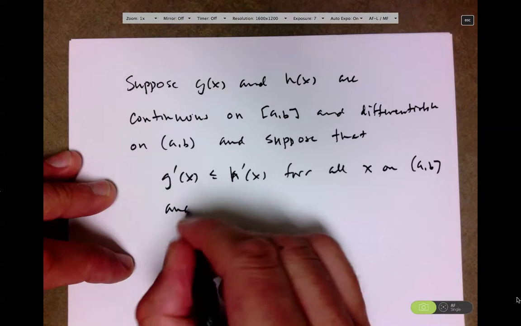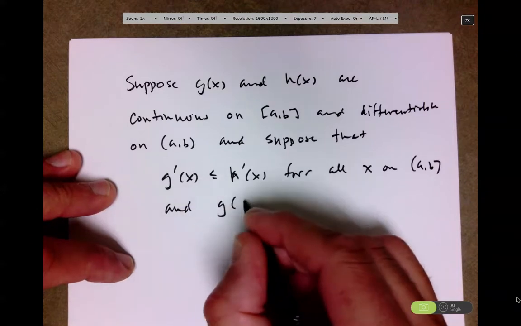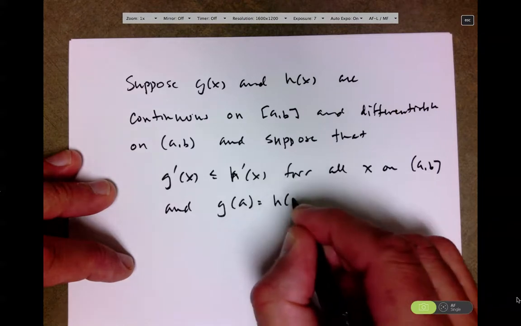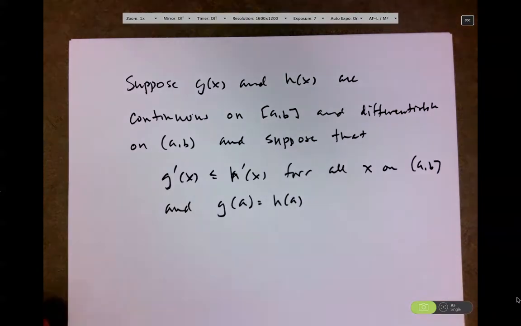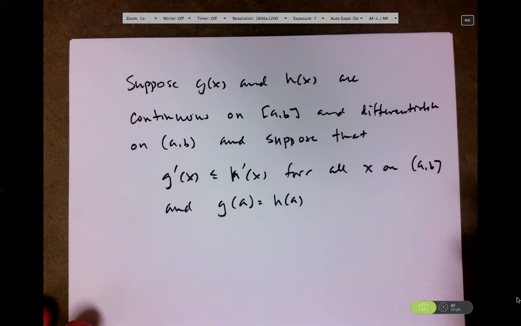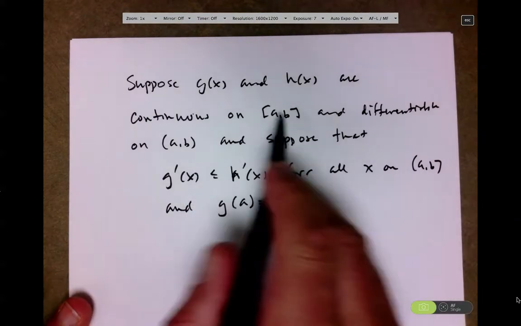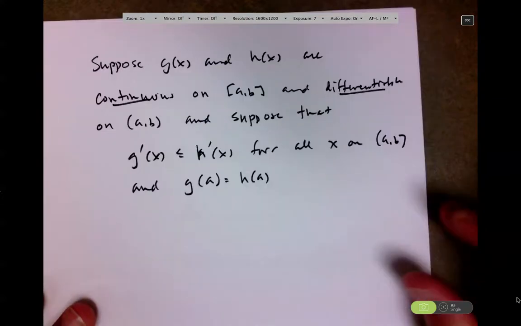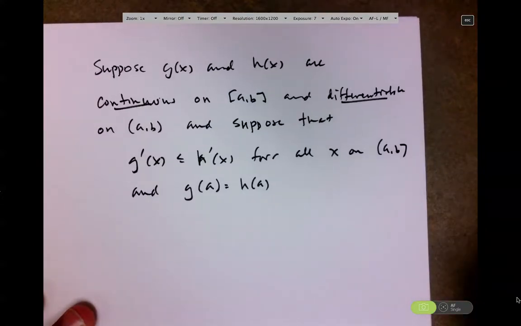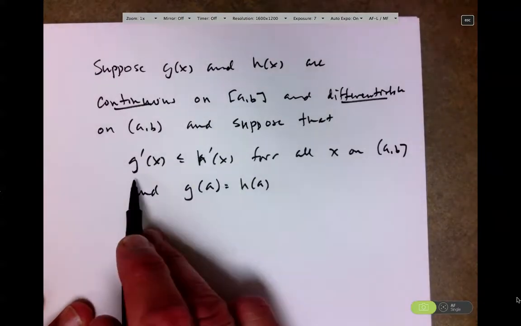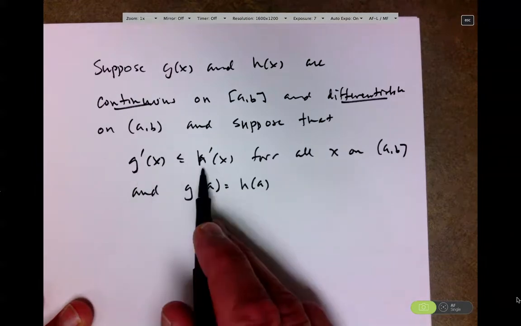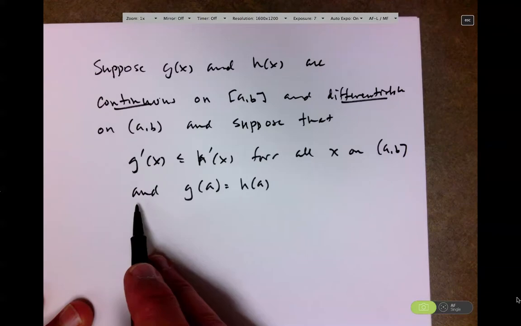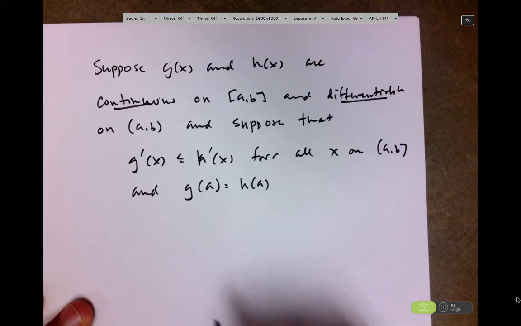And g of a is equal to h of a. Okay, so this is the first part of this. We've got two functions that are continuous and differentiable. All right, so there's no holes, no jumps, no asymptotes, no sharp corners. And suppose that g prime is less than h prime for all x on the interval from a to b, and g of a is equal to h of a.